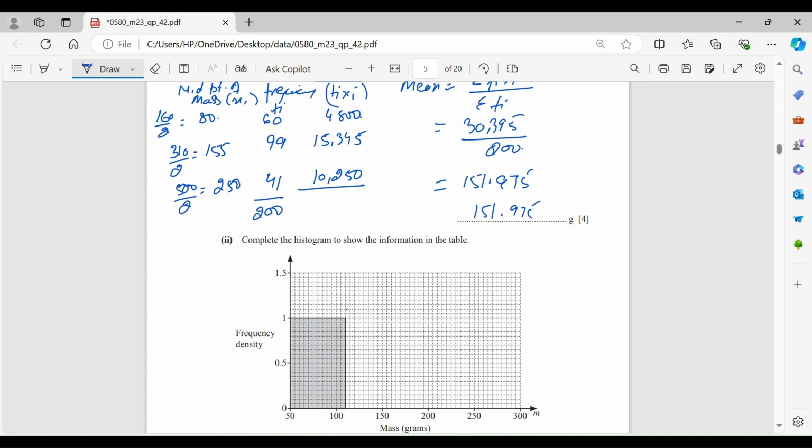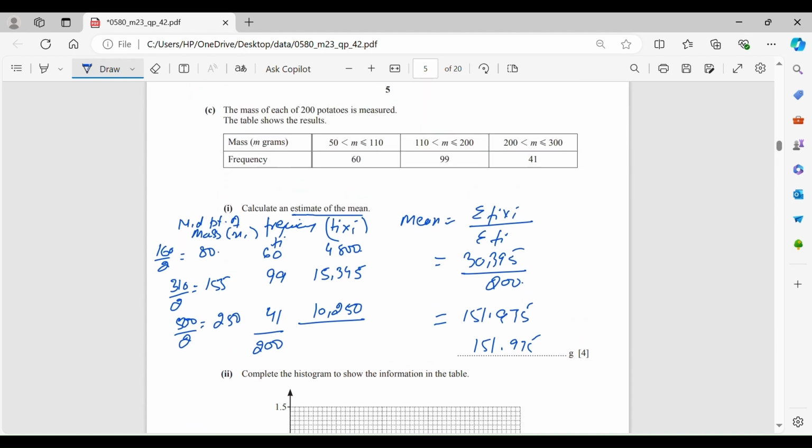For the histogram we need to find the frequency density, and frequency density is equal to frequency over class width. So let us see this.